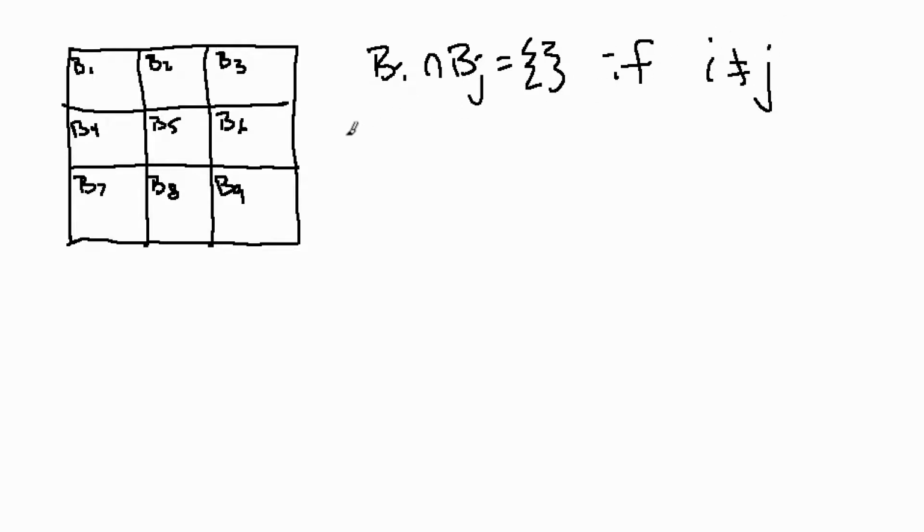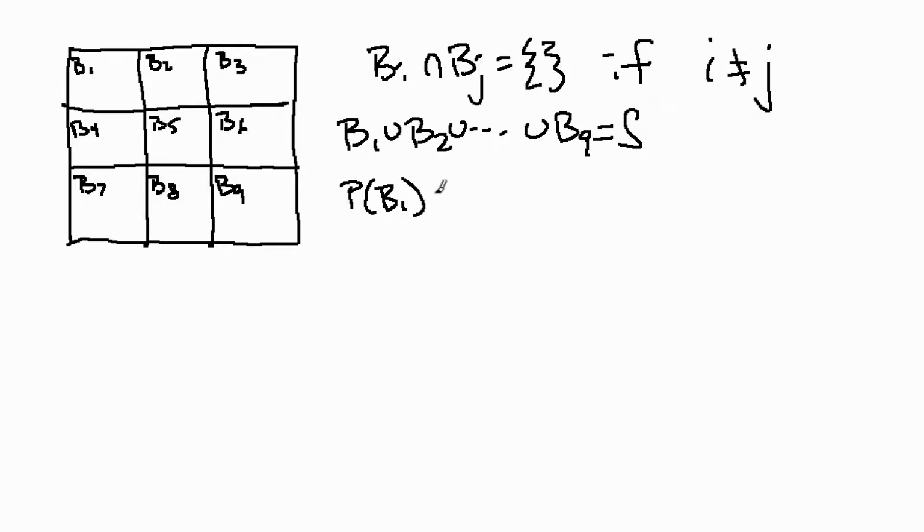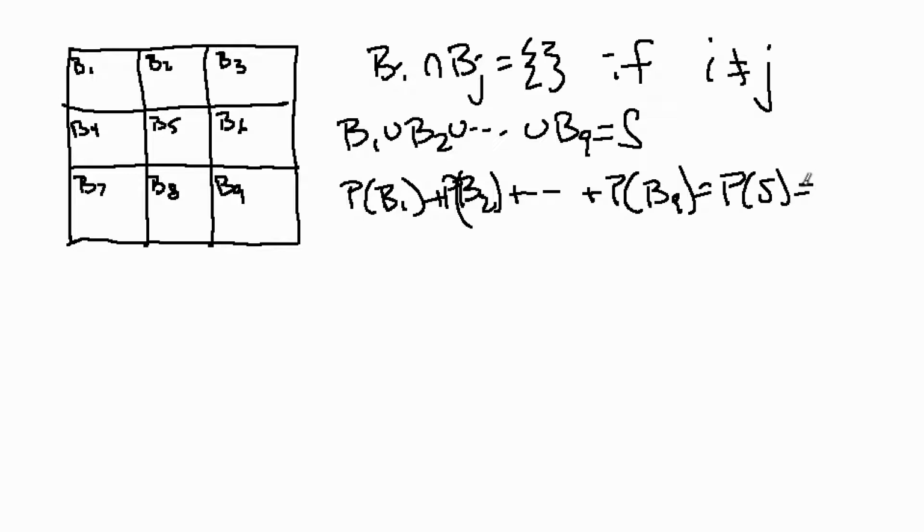The other thing that I want you to notice is that B1 union B2 union all the way up to B9 is equal to S, the sample space, so that we know that the probability of B1 plus the probability of B2 plus, if I add all these probabilities up, B9, is equal to the probability of the entire sample space, and that's equal to 1.